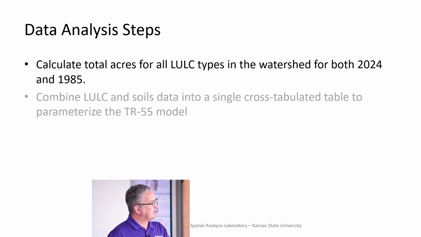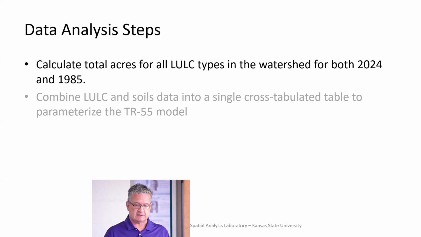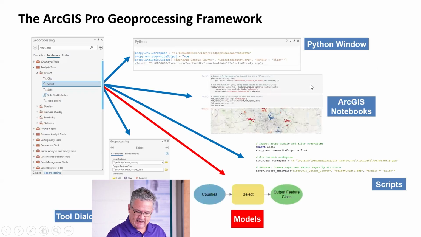We'll do that just for 2024, but we could do it if we wanted for both of the dates, right? If you wanted to do a historical comparison. To do this though, there isn't a single tool in our toolbox or the geoprocessing pane that does it for us. So instead, we'll real quickly take a look at how we can do this using a model.